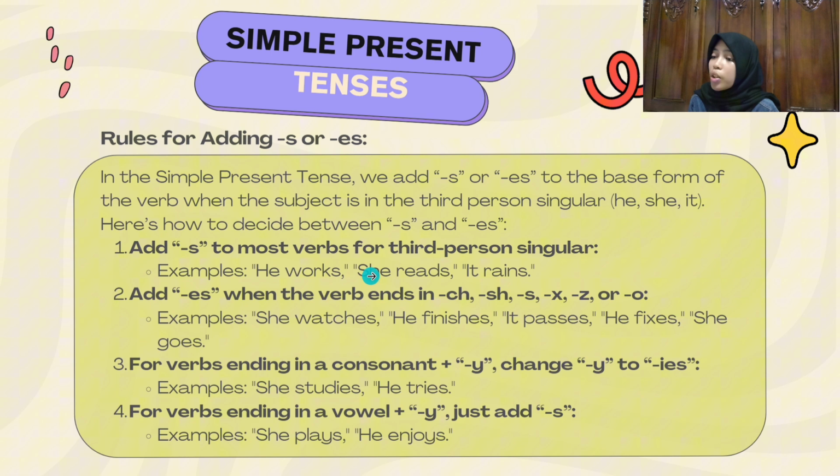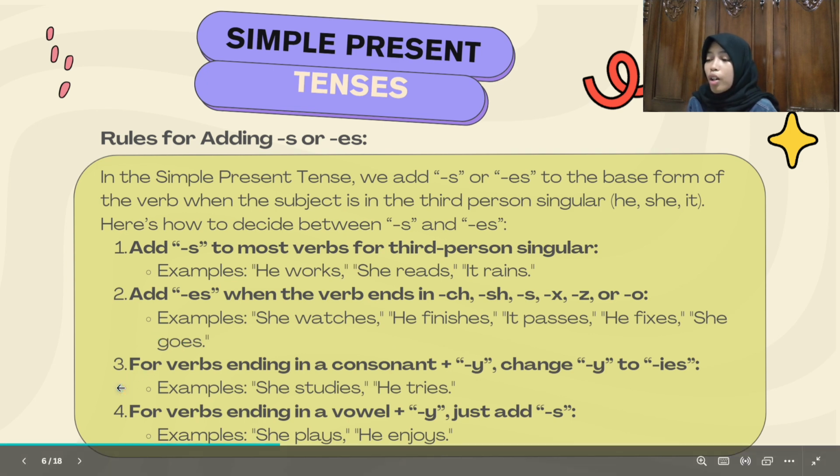Example, he works, she reads, it rains. Okay, next. Add es when the verb ends in ch, sh, s, x, or o. Examples: she watches, he finishes, it passes, he fixes, she goes.